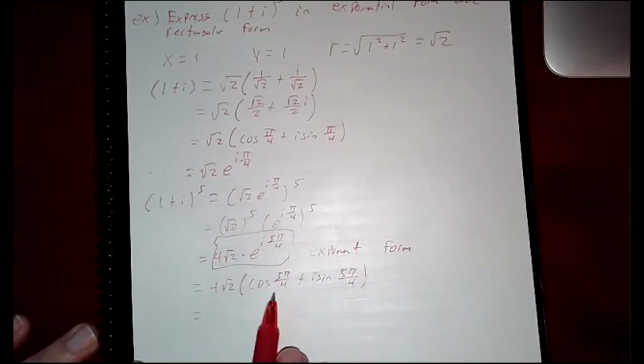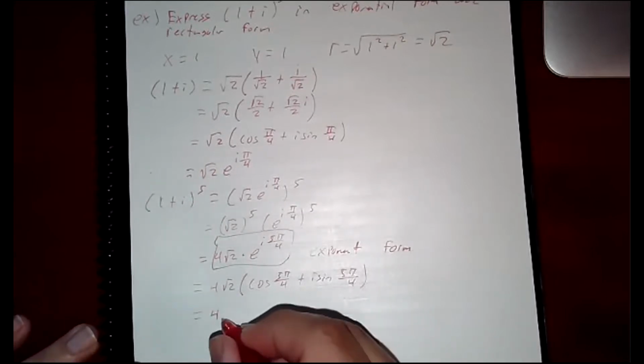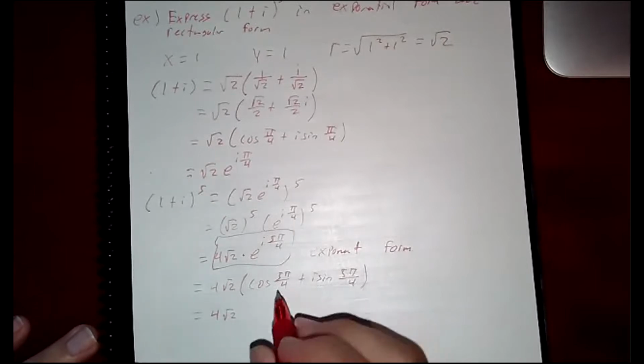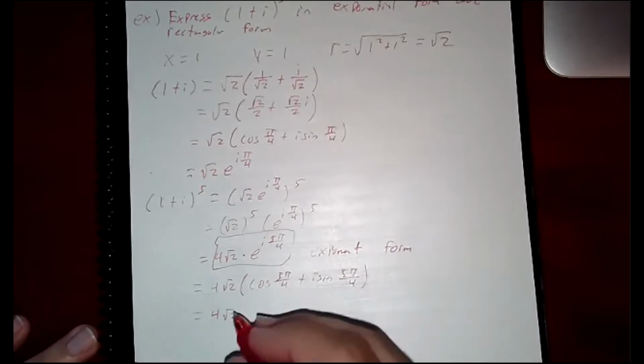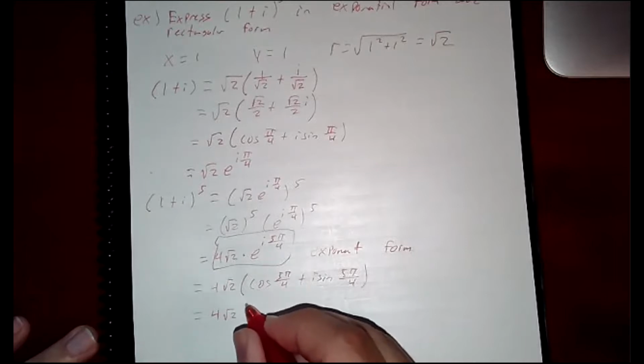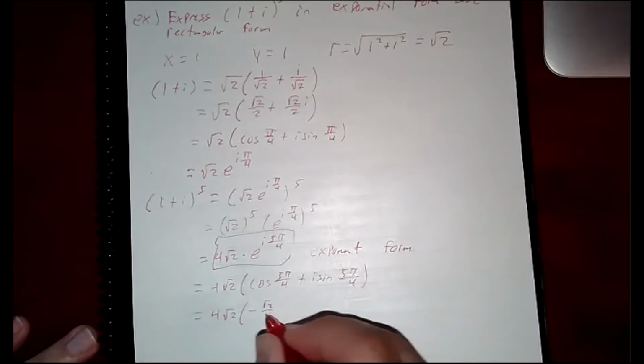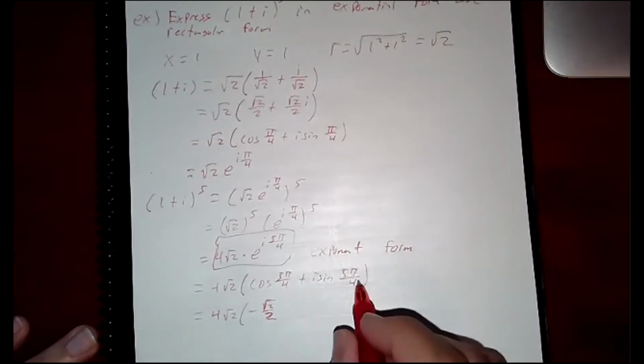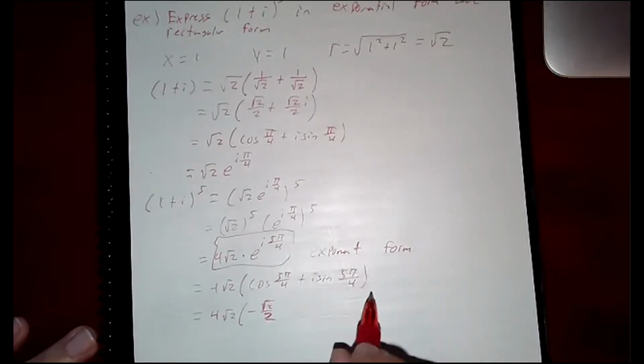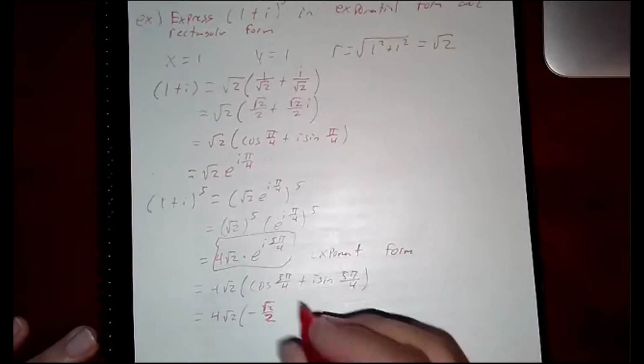Go ahead and evaluate these values here, these functions. Cosine of pi over 4 is going to be a negative root 2 over 2. Sine of 5 pi over 4 will also be negative.